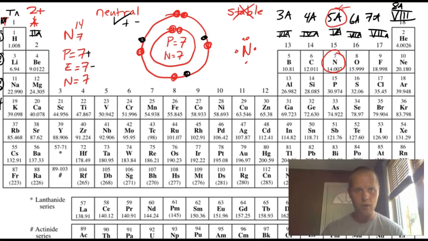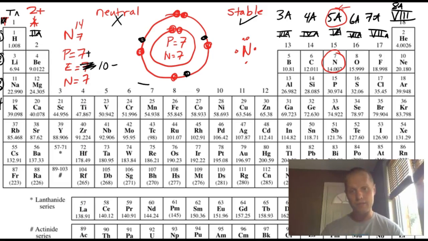We are now not neutral anymore because we have just added, what did we just add? We added 3 electrons to become stable. Now, what's my electron count now? It is 10 negative. All right, so if you have 7 positives and you have 10 negatives, what's your charge?